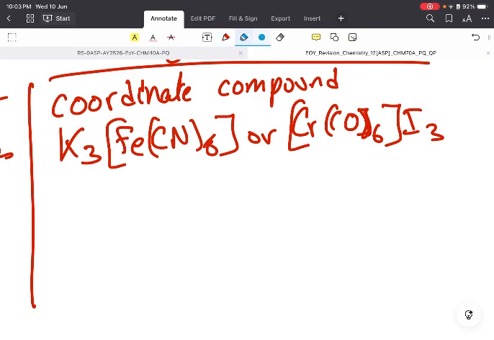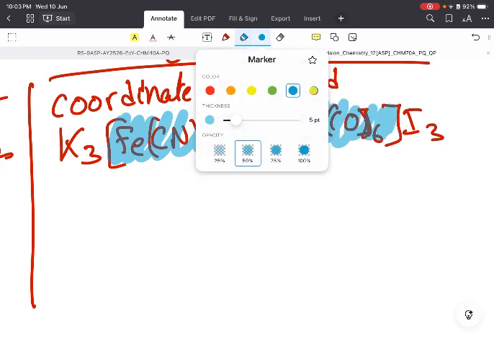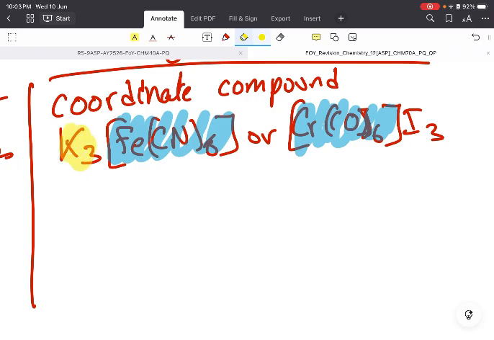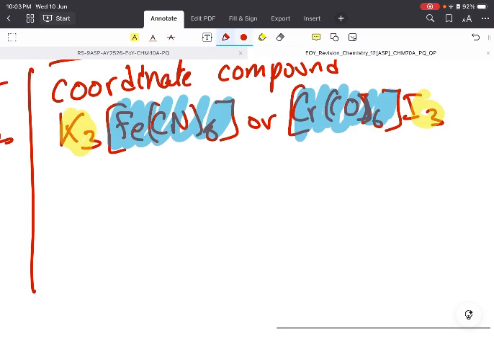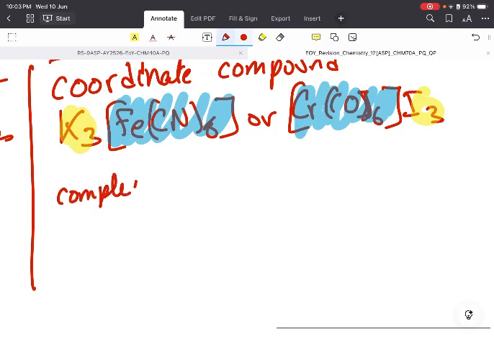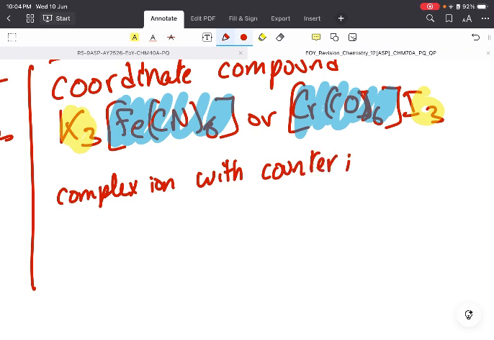And the coordinate compound is a combination of a complex ion, which I am highlighting in blue, attached to a counter ion. So it's a complex ion with counter ions bonded to it.